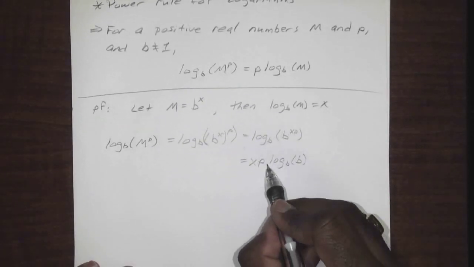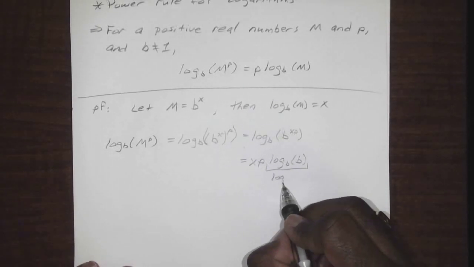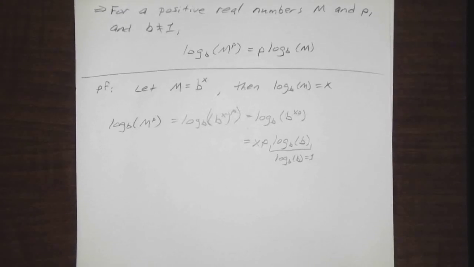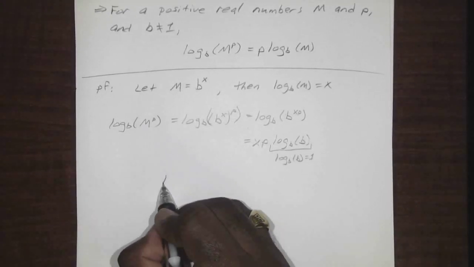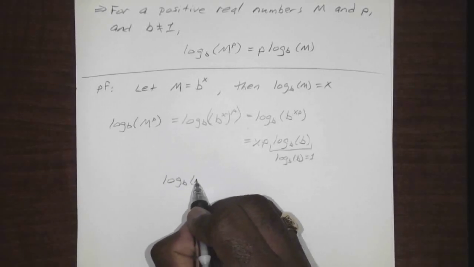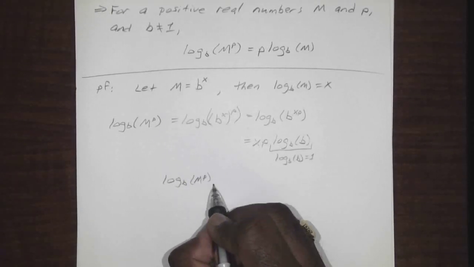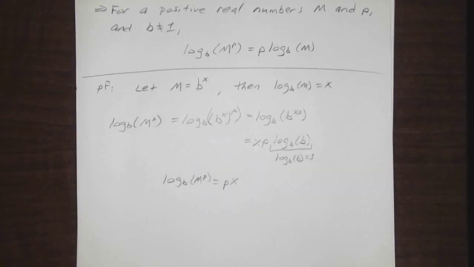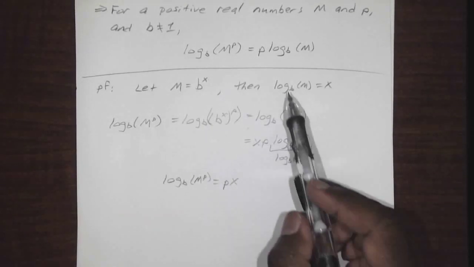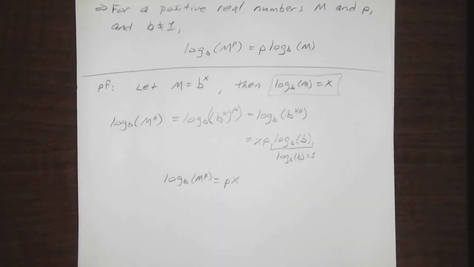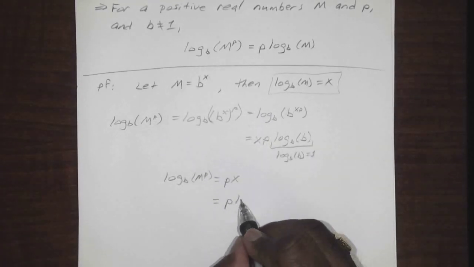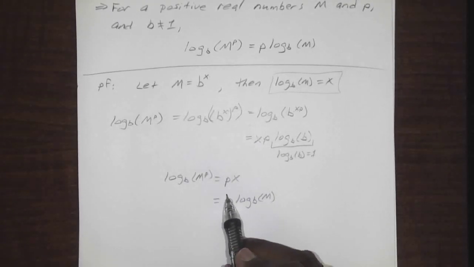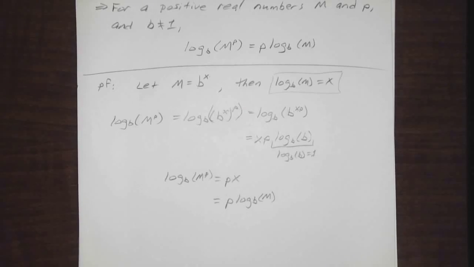We can see that log base b of b is just equal to 1. So that means log base b of m to the power of p is just equal to p times x. We already identified x up here, so that's equal to p times log base b of m. So that's how we got our formula.